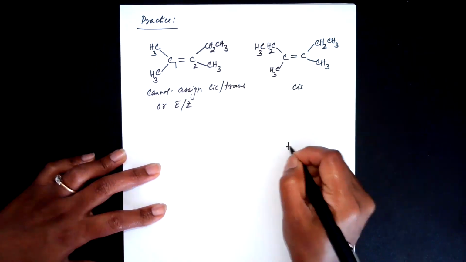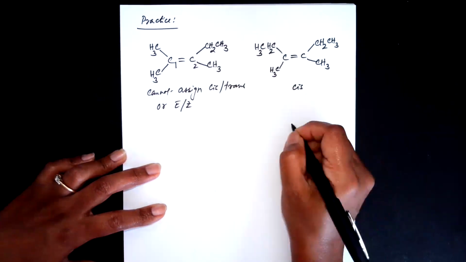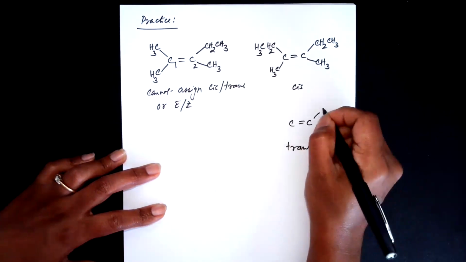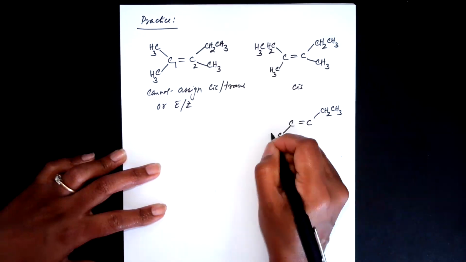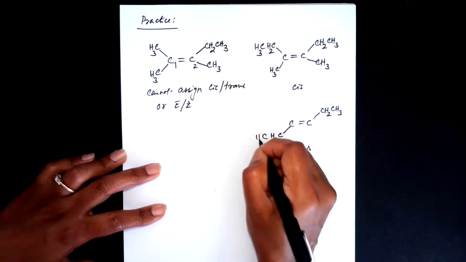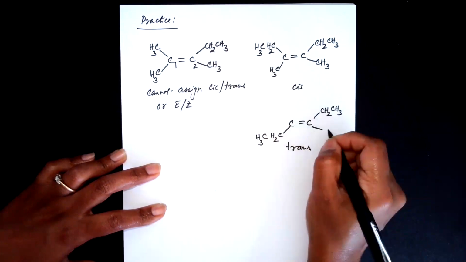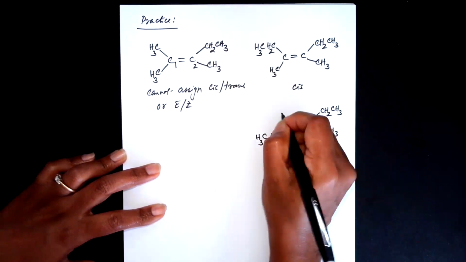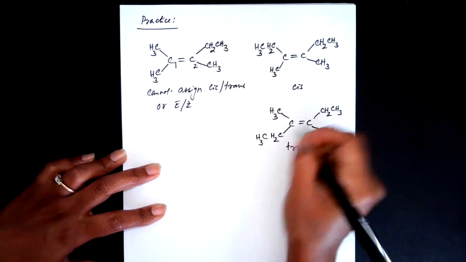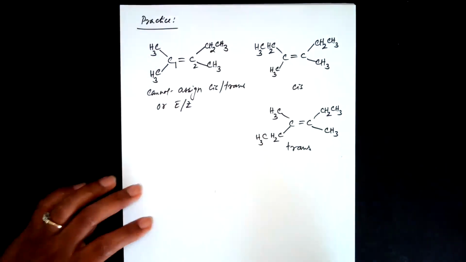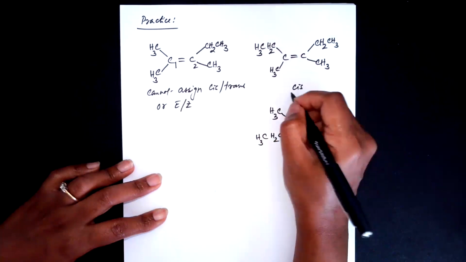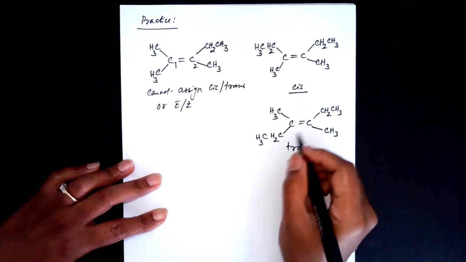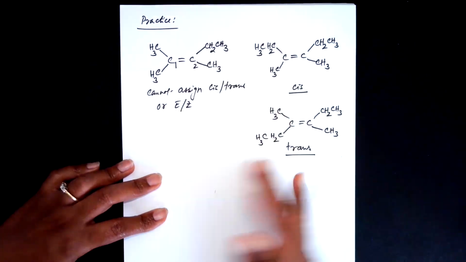If I am trying to draw a trans type of molecule, I should have like groups on opposite sides. Again, having like groups is important. So these should both be methyls, and those should both be ethyls. Then only you can refer to them as cis and trans. If those are on the same side, they are cis. Those are on the opposite side, they are trans.